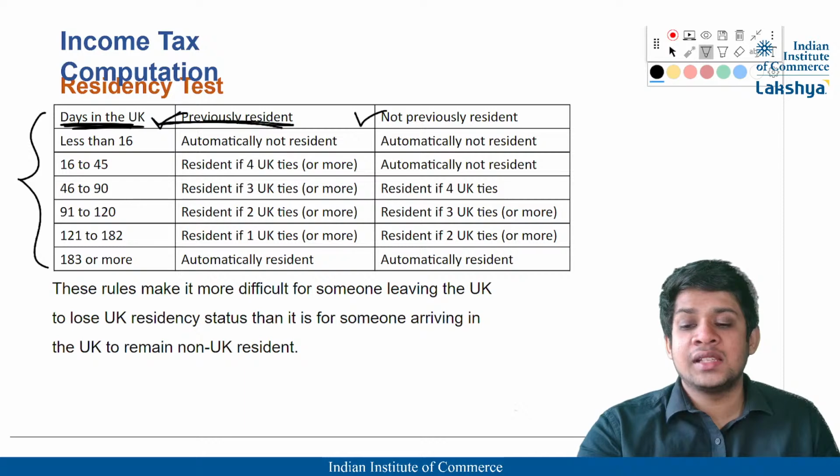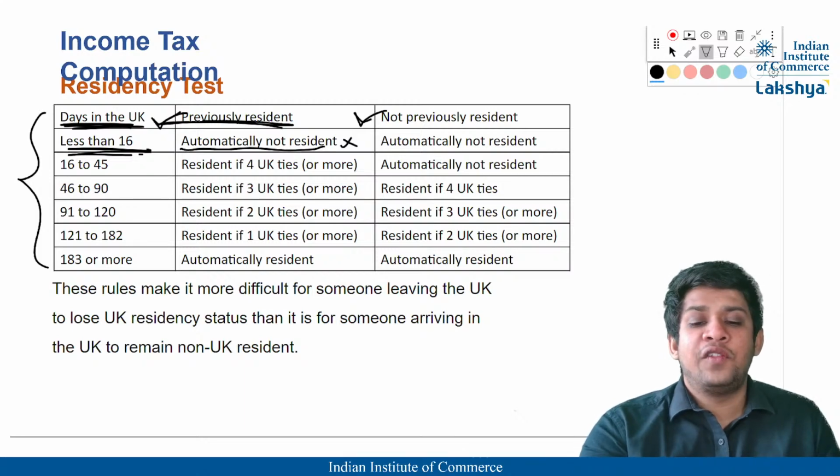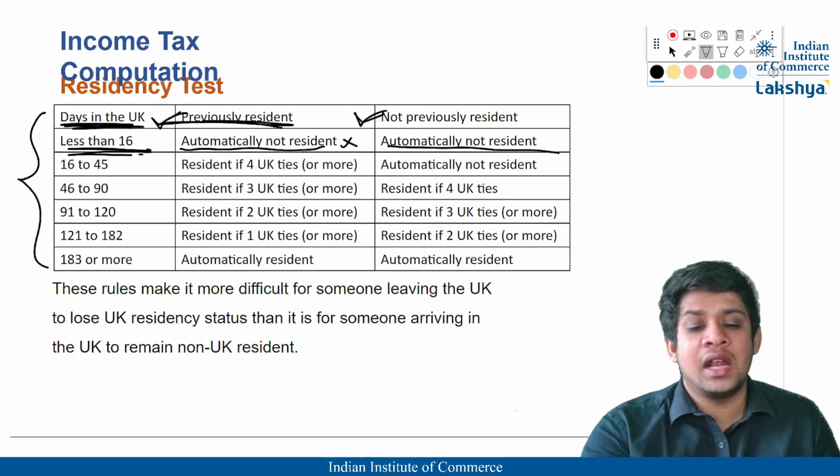If he was previously resident and he has stayed for less than 16 days, it does not matter if he is previously resident or not previously resident, he will automatically be a non-resident here. Okay. So it does not matter because it is just 16 days. Correct. And if he is not previously resident, automatically non-resident anyway.